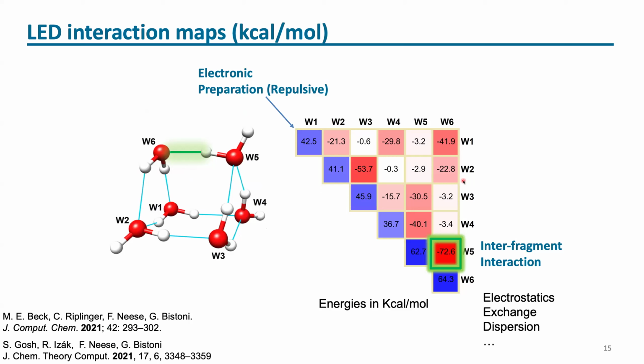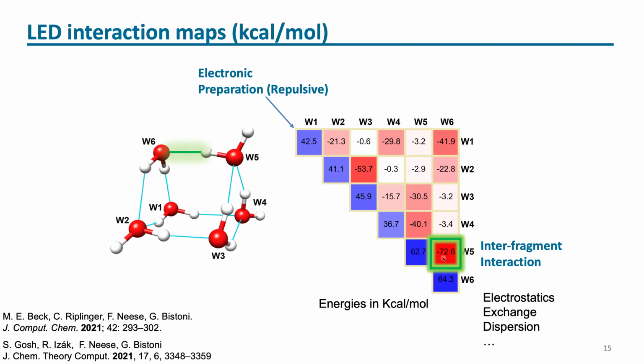The off-diagonal terms instead represent genuine fragment pairwise interactions. For example, the strongest fragment pairwise interaction in this complex occurs between water 5 and water 6 and amounts to -72.6 kcal/mol.